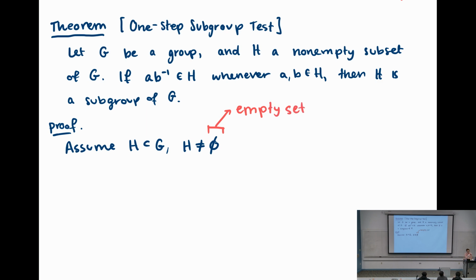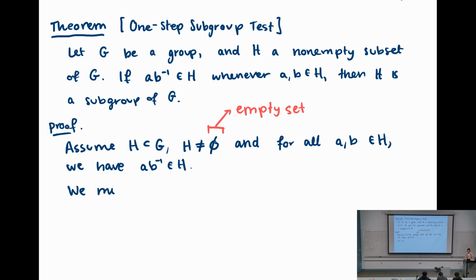We assume that H is non-empty and that for all A, B in H, we have AB inverse is in H. Then we have to prove that H is a group.